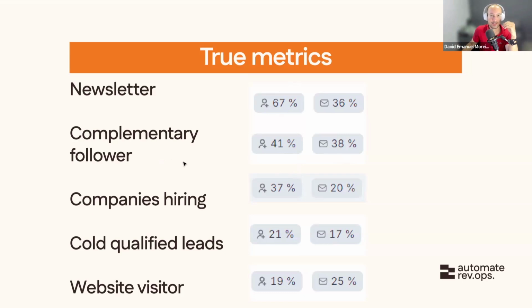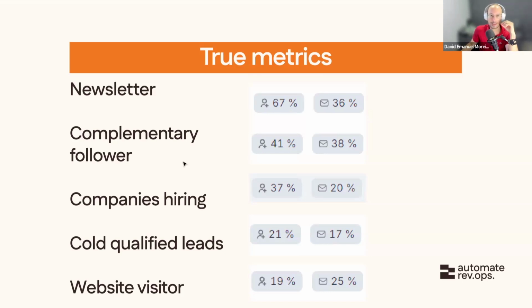Complementary tools followers will be relevant for you. If you think about tools or competitors that offer similar services, you can scrape the followers of those, or you can even scrape Slack members of a community of a tool or a competitor and use them to reach out.